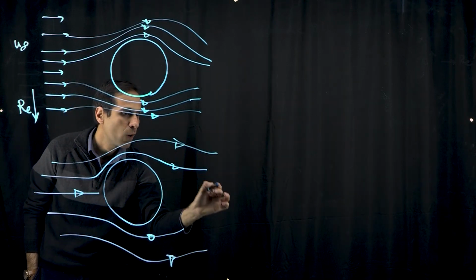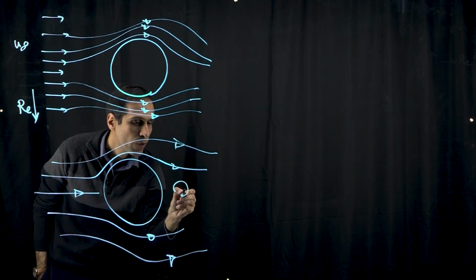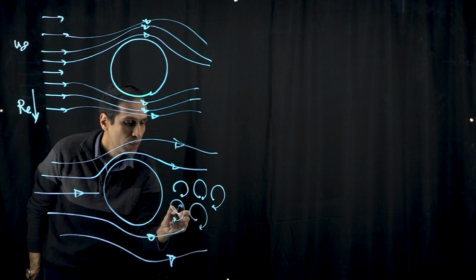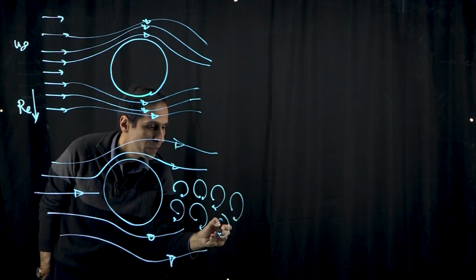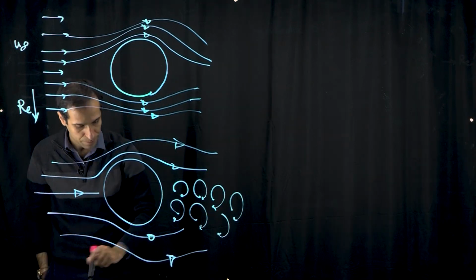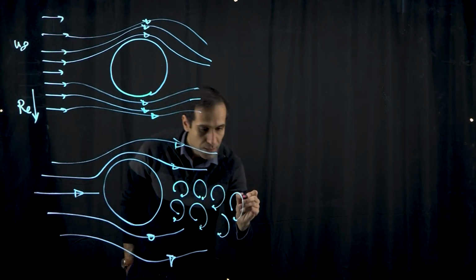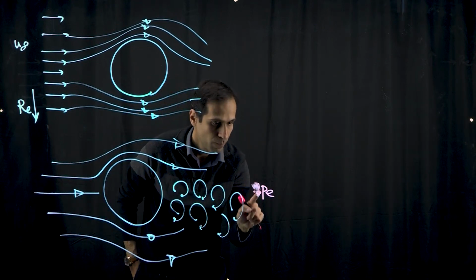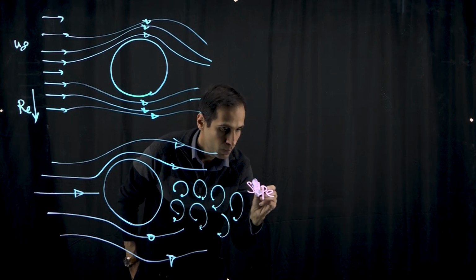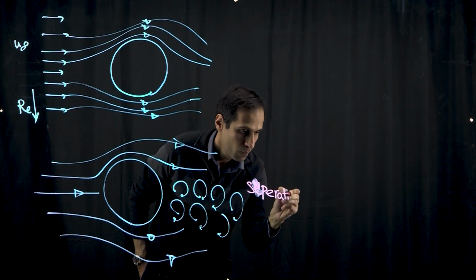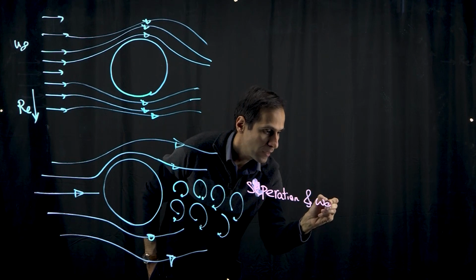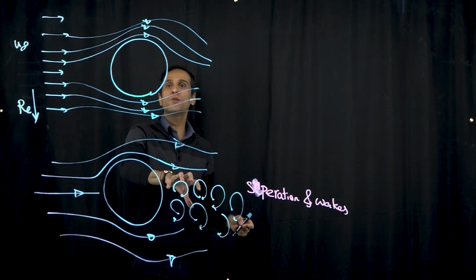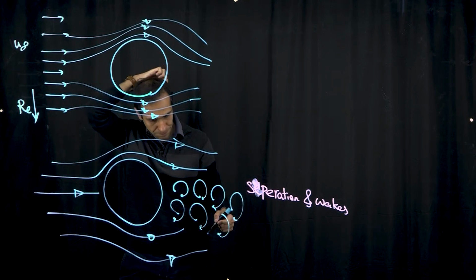Here, there is one region where some wakes, which is called secondary flow, appear. And therefore, we call it separation and wakes. This wake reduces the drag. We will talk about that.